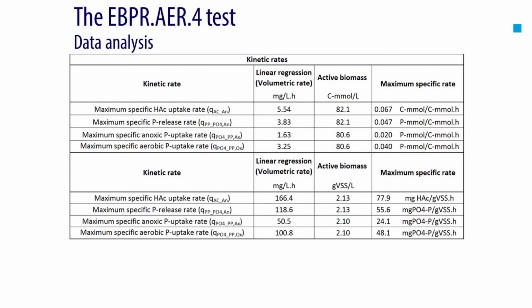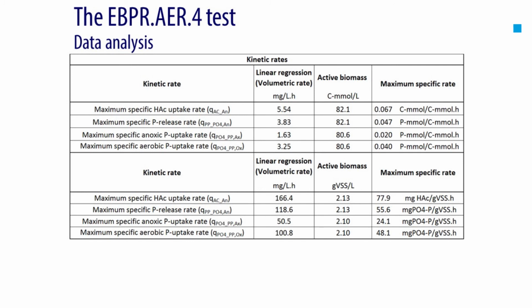But the anoxic P uptake rate of 0.020 P-mol per C-mol per hour, or 24.1 milligrams PO4-P per gVSS per hour, is higher than other values reported, as displayed in Table 2.2.7.